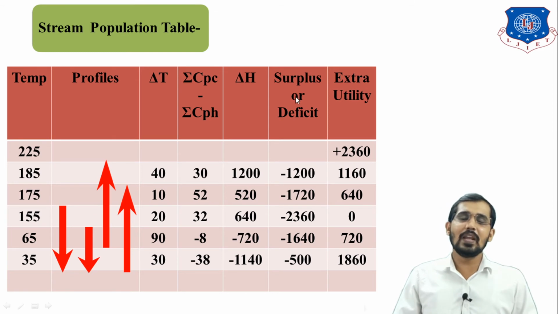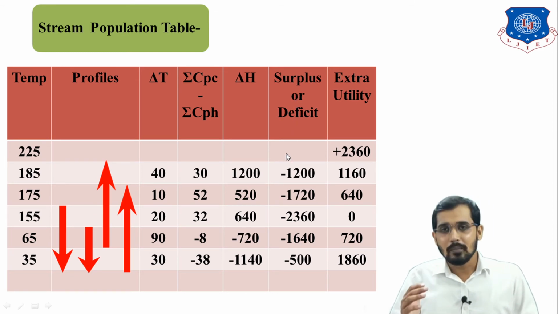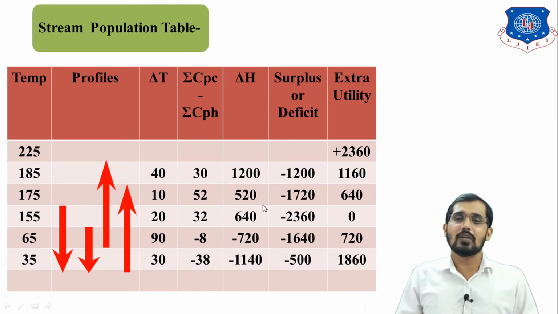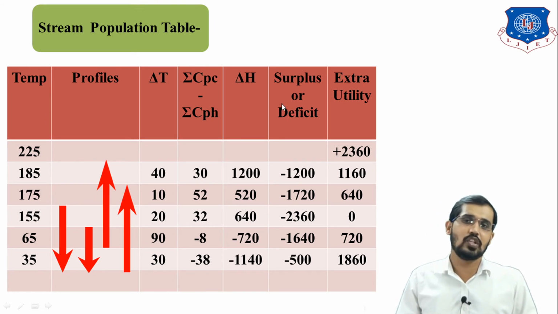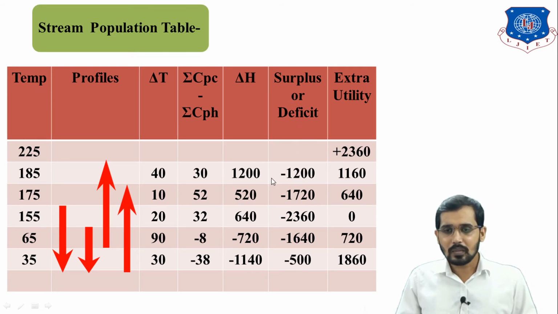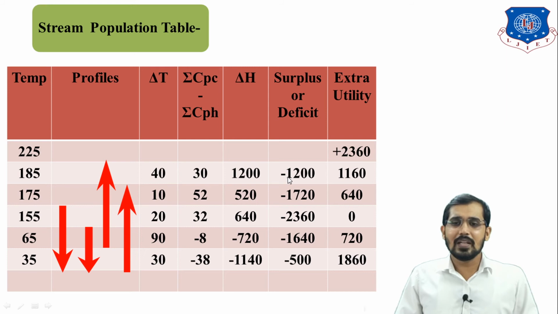After that, surplus or deficit means if there is any increase in heat or decrease in heat, you can calculate it using the surplus or deficit values. So how to calculate this surplus or deficit? You can see here minus 1200, that is previous heat minus initial heat.